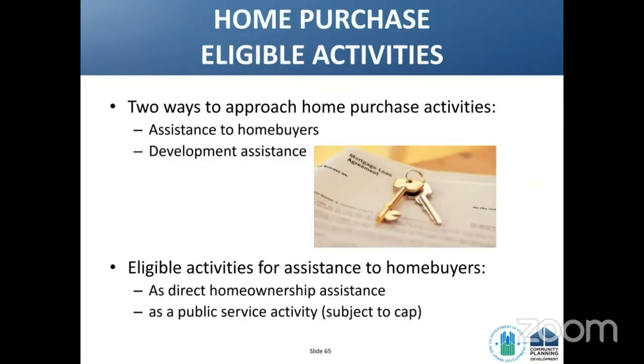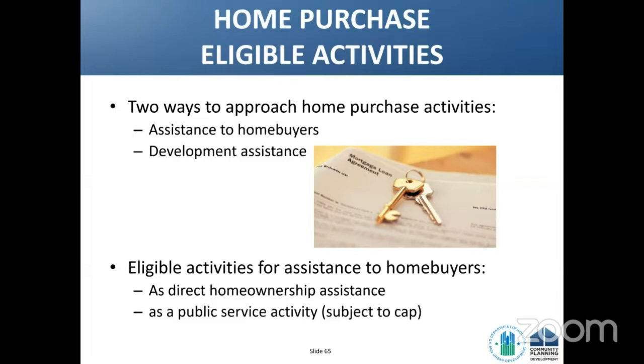Okay, let's talk about home purchase briefly. Here, there are two ways to carry out home purchase activities. Usually it's done under 570.201 or what we call homeownership assistance.